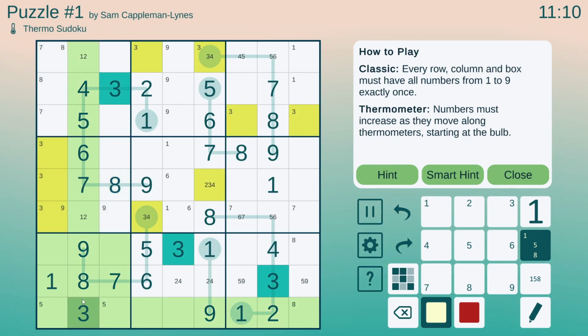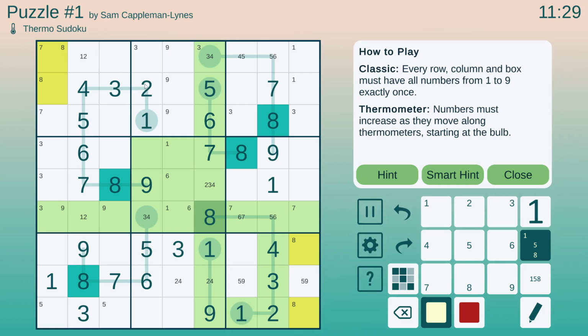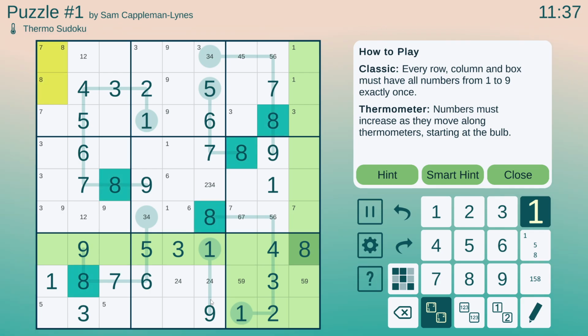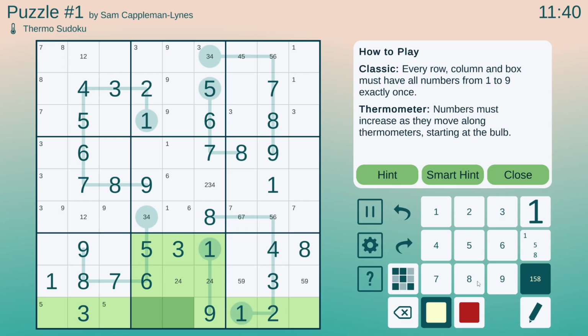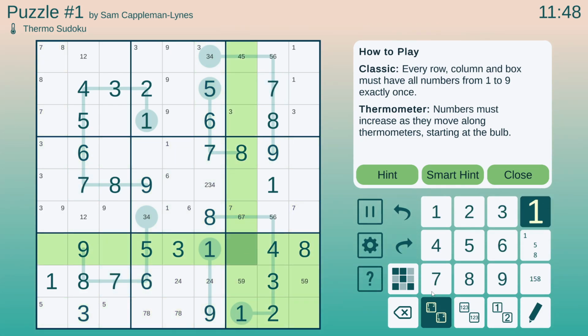It's not super important though. 2, 3, 4, 5, 6, 7, 8 are missing. Oh, actually, 8 here has got to go up here. So this becomes an 8 something pair. 1, 2, 3, 4, 5, 6, 7. And the 7 in the square gets restricted.